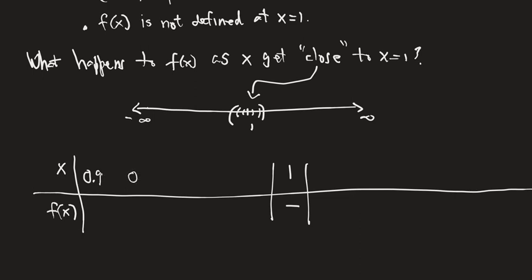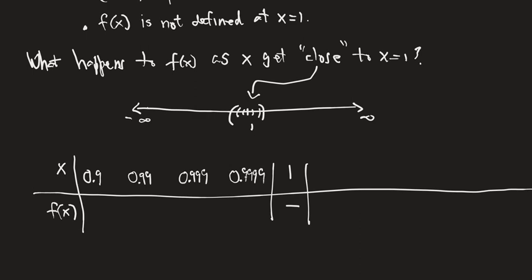So instead of 9/10, maybe 99 hundredths. That's pretty close to 1, but I can get even closer. I could use 999 thousandths, and then I can get even closer. I'm going to eventually run out of room in the table, but I can get pretty close in a table like this.